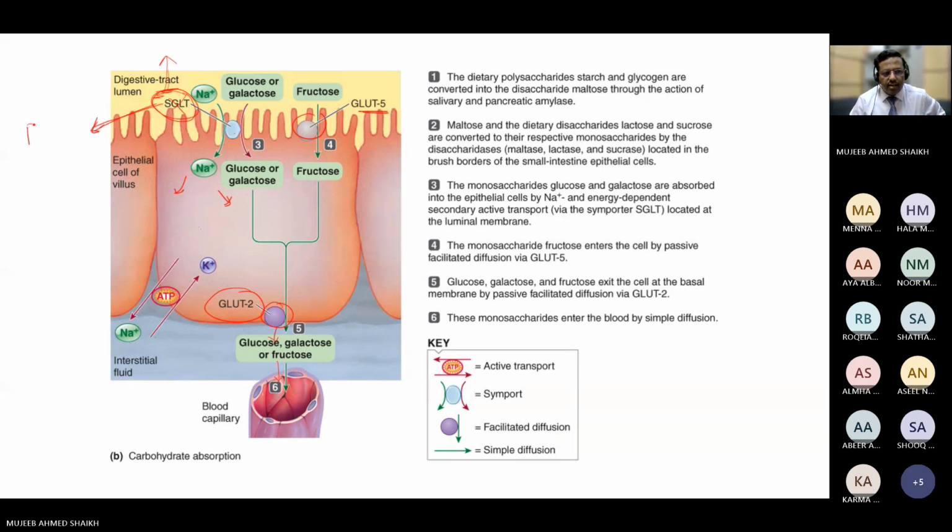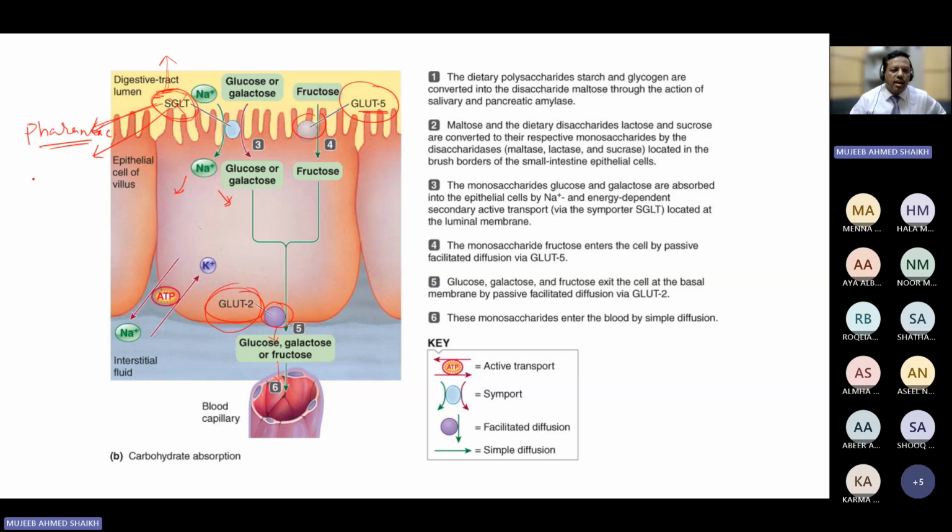Diabetic patient, no. In pharmacology, when you go to the pharmacology lecture, they will tell you how blood glucose level is regulated by modifying the action of SGLT, GLUT5, and GLUT2.